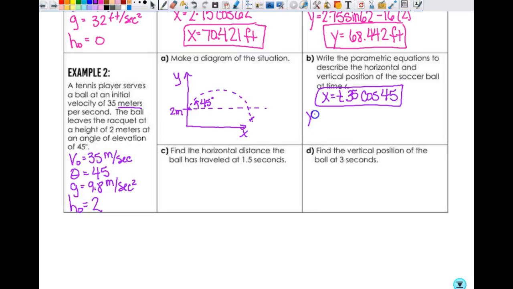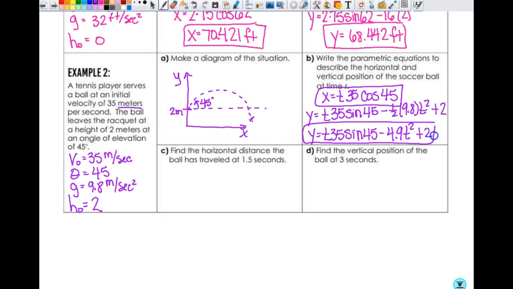For y, y is equal to t times 35 times the sine of 45 minus 1/2 times 9.8 t squared plus 2. So y is equal to t times 35 times the sine of 45 minus 4.9 t squared plus 2. That's my equation.